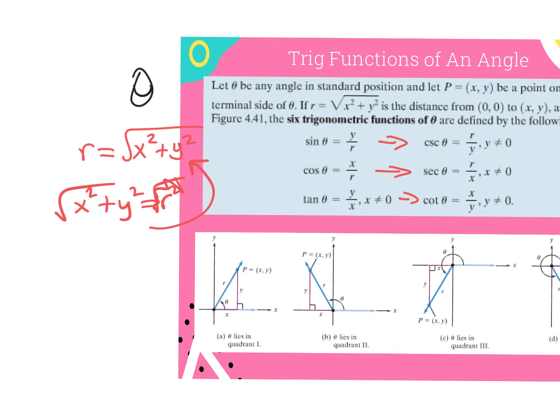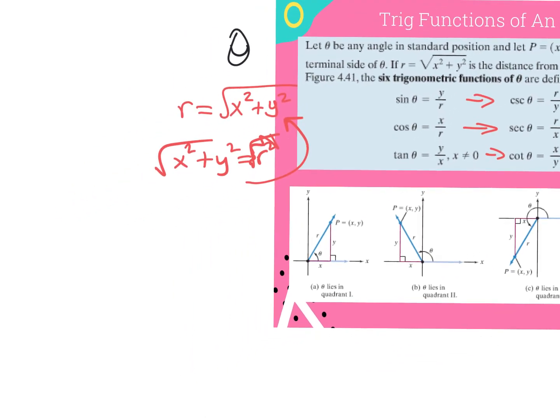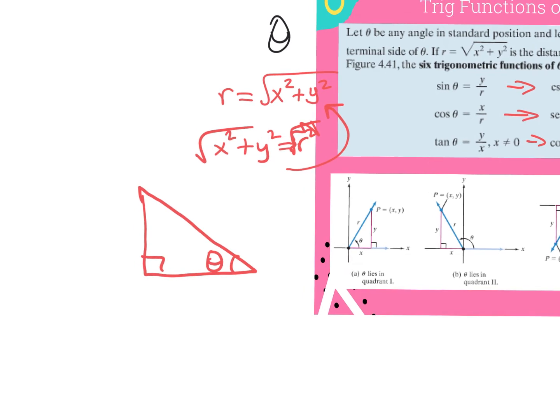Now, our value of r is always going to be a positive number. So, for example, in my triangle here, let's say I put my little angle theta down here. Remember, last year in geometry, we would label our sides as hypotenuse, opposite to the angle, and adjacent to the angle.